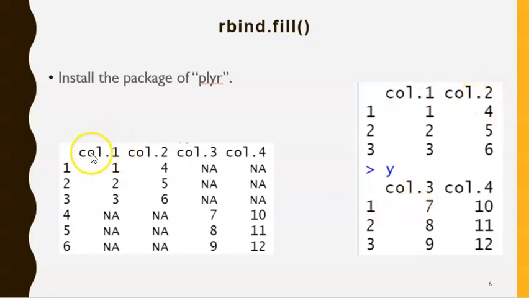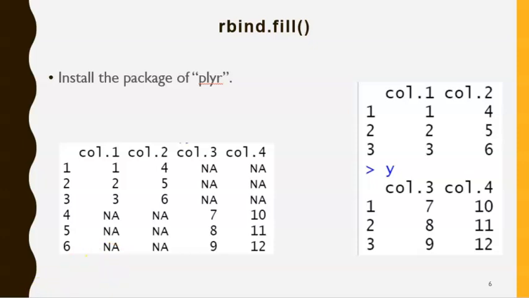When it is column 1, column 2, it puts it here, but it goes to the other one and looks for column 1 and column 2. When it doesn't find them, it puts an NA over there. You see? And exactly for the other one, when it goes for column 3, column 4 and doesn't find column 3 and column 4 in the first data frame, it puts an NA for them.